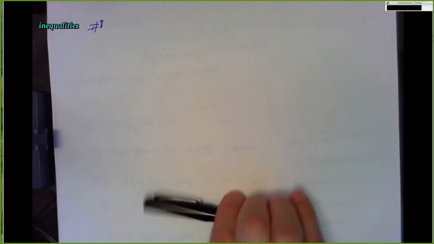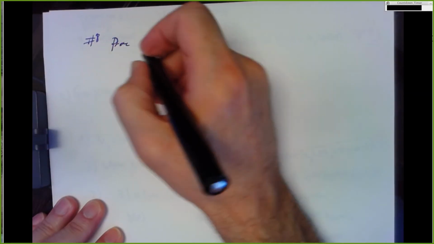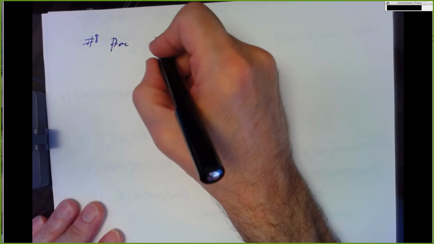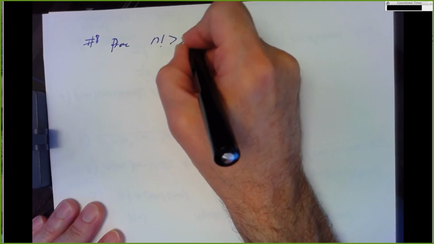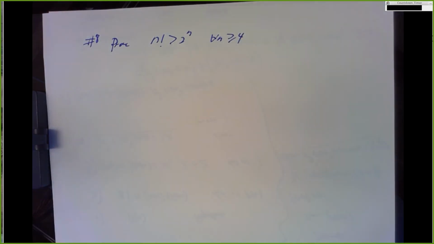Alright, let's look at number 8. So inequalities. Number 8 says, prove that n factorial is bigger than 2 to the n for all n bigger than or equal to 4, using mathematical induction.